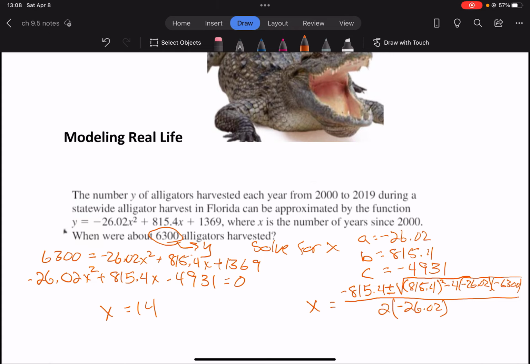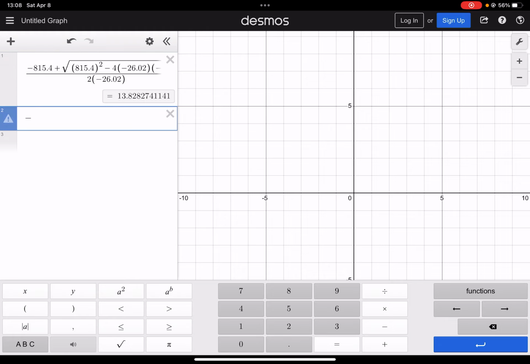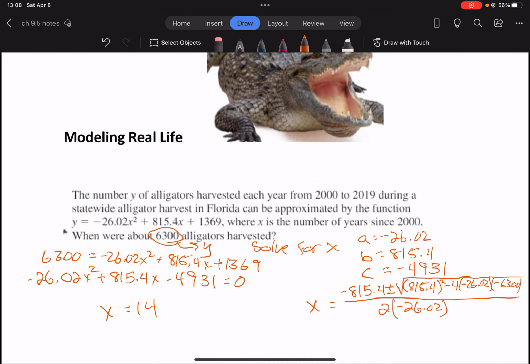But the nice thing about having the calculator here is I can go back into here, because it's a plus or minus, and change the plus. I can delete it and change it to a minus. And so the other one is 17.5, or 18. So we want to round that off to 18 because they're doing it in whole year increments.